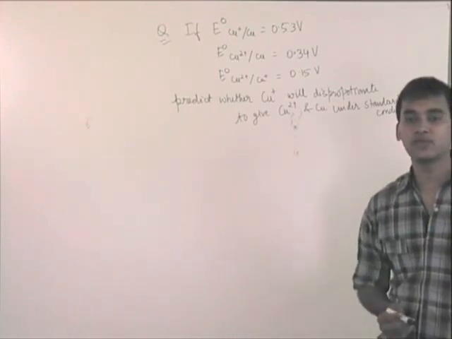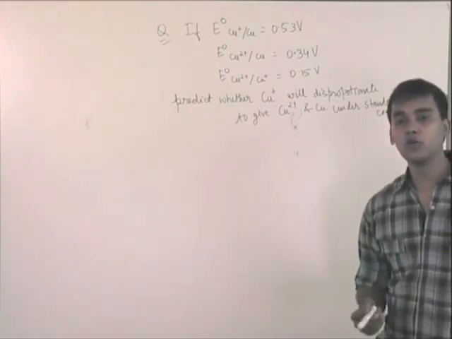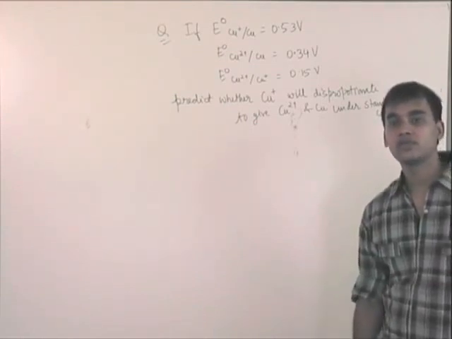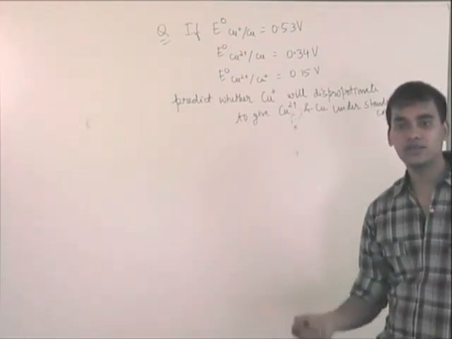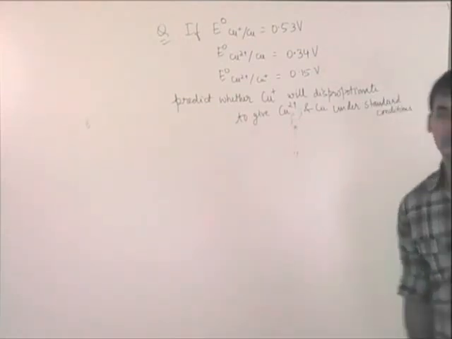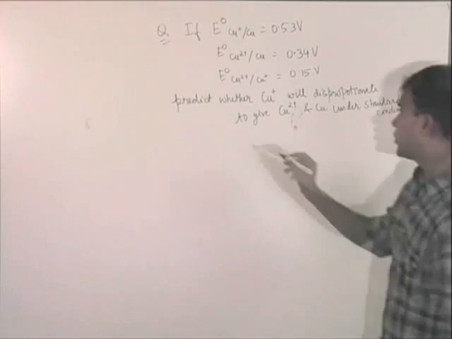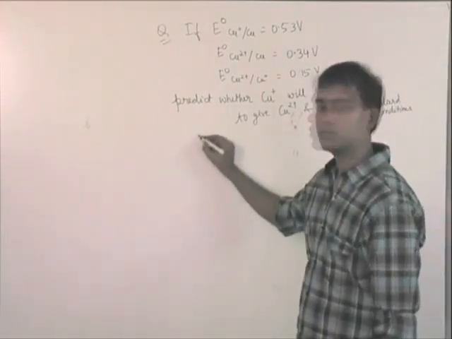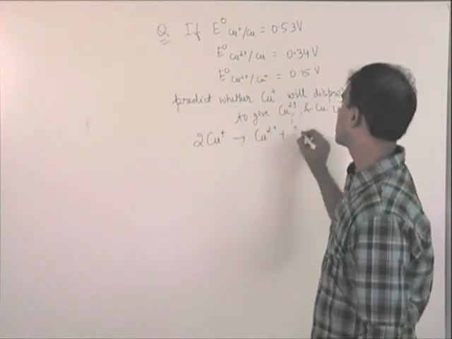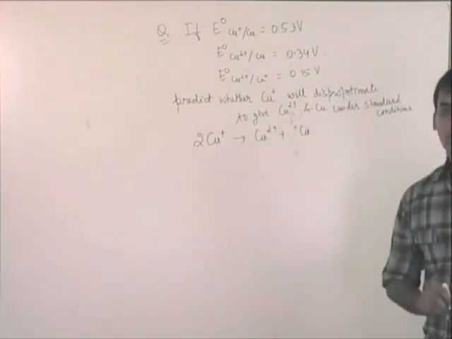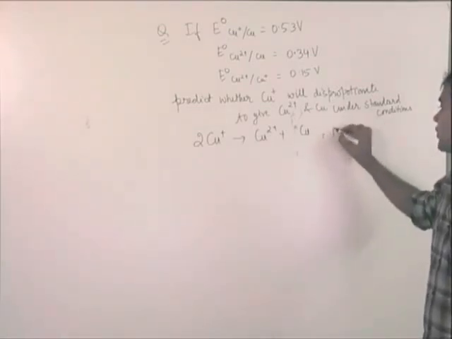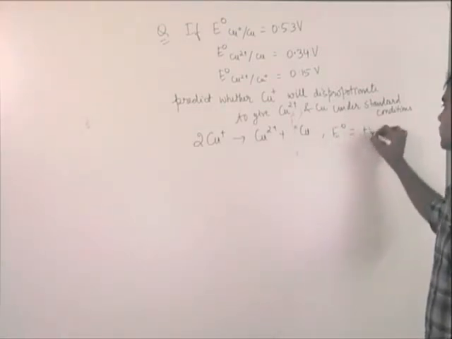Just write it down. Say if this question is given to you: predict whether Cu plus will be disproportionating to Cu2 plus and Cu. What is disproportionation? Same thing getting oxidized and getting reduced. Okay, do it now. So suppose if disproportionation takes place, what will be the reaction? 2 Cu plus gives Cu2 plus and Cu. If this reaction takes place at standard conditions, E0 has to be positive.